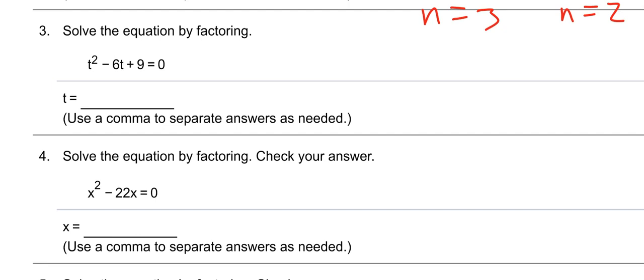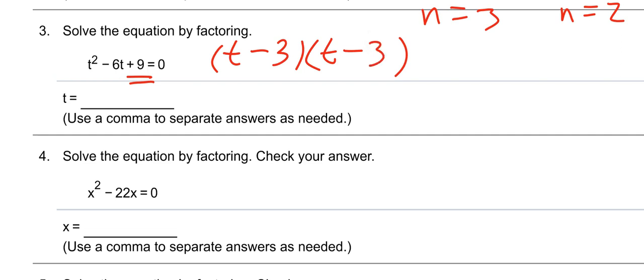So factoring this, what multiplies together to give you 9, but adds up to negative 6? Of course, they both have to be negative in order to add up to a negative number, but multiply to a positive, and hopefully you know that it's 3 and 3. Now, if that's equal to 0, the question becomes, do I have to write down 3 more than one time?